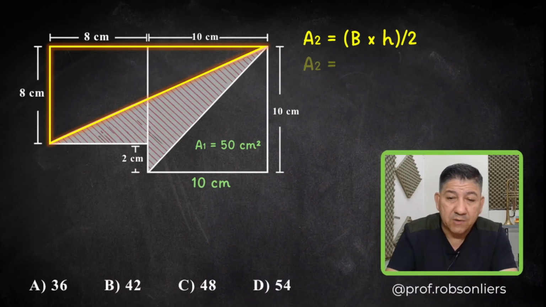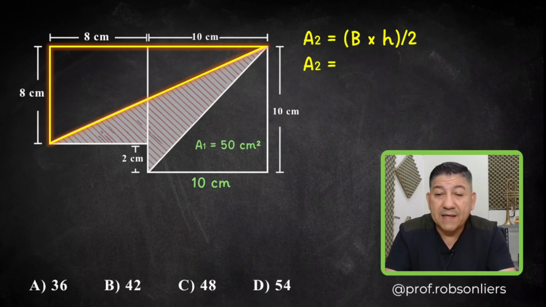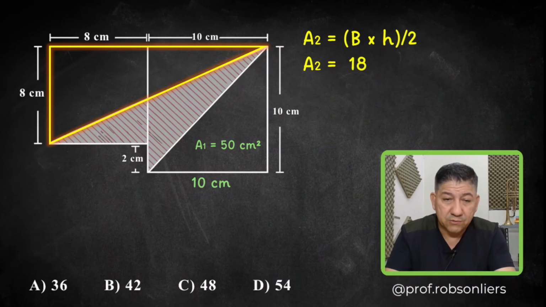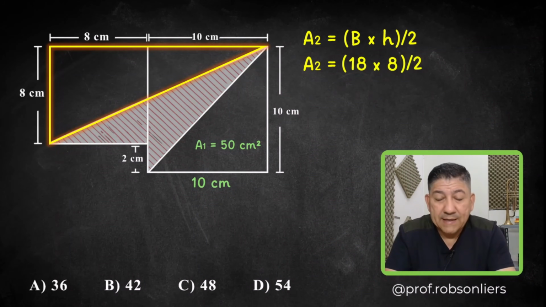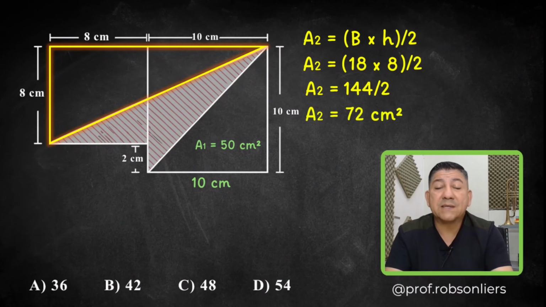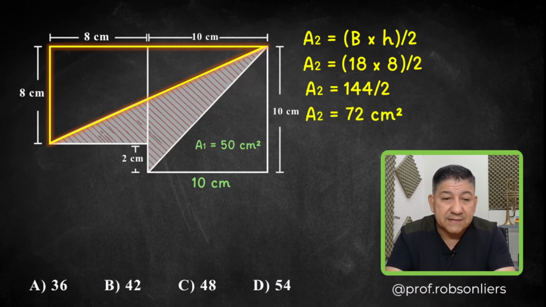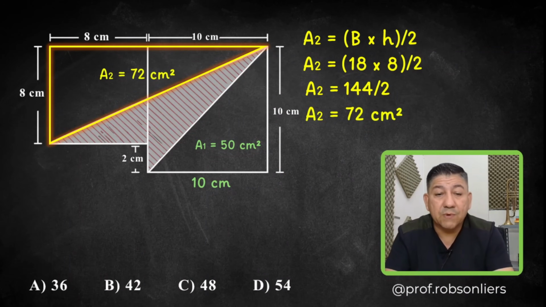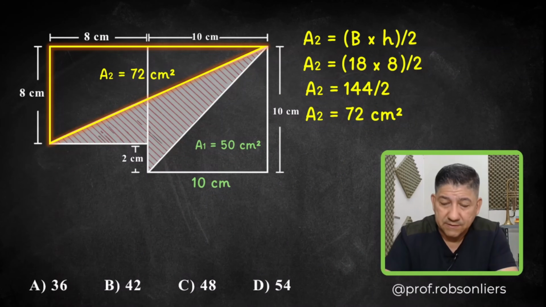Plugging it into the formula, the area of this yellow triangle will be the base, which is 18, times the height, which is 8, all of that divided by 2. Solving this multiplication, 8 times 18 is 144. So, A2 will be equal to 144 divided by 2. 144 divided by 2 is equal to 72. So, the area of this triangle that's in yellow is equal to 72 square centimeters. I'll write it down so we don't forget.